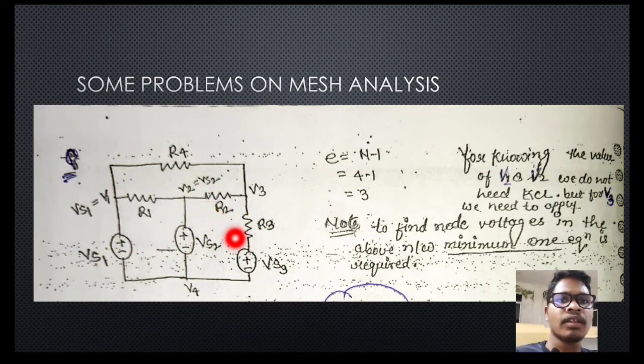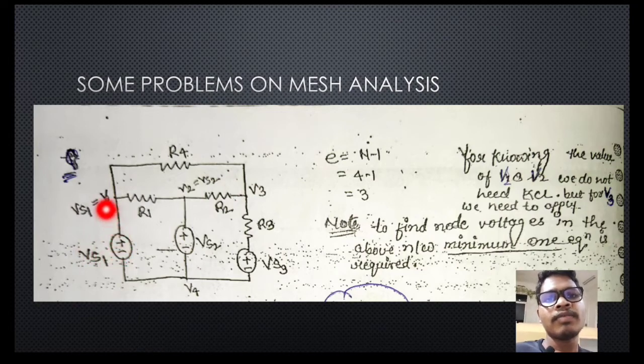It is not asking us to find anything else, so let's see some points of this. For knowing the value of V1 and V2, we don't need a KCL equation, but for V3 we need to apply it.